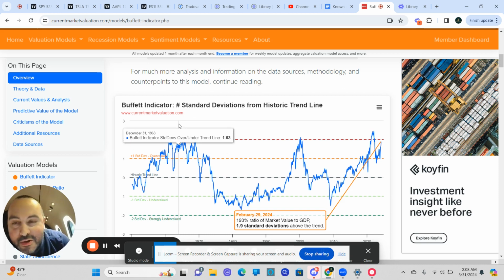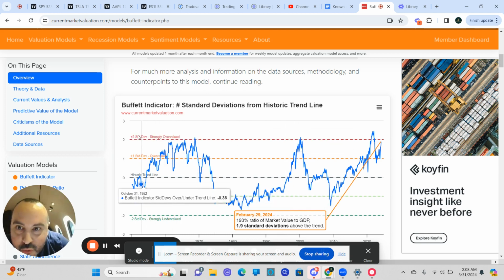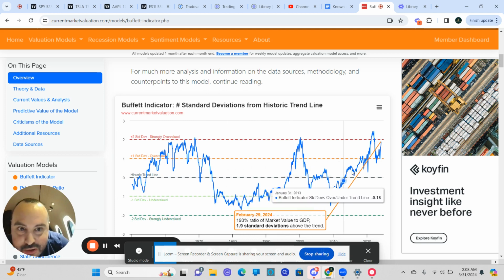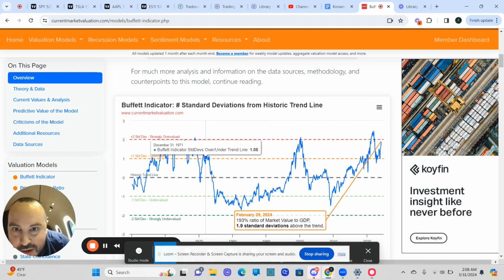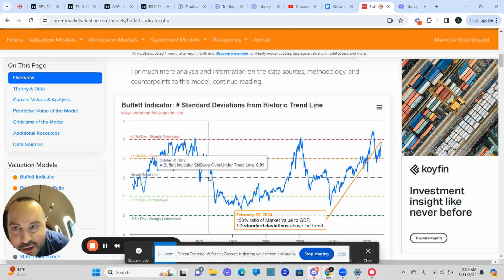Okay, so let me explain very simply. The Buffett indicator, again, measures market value to GDP. When it is here at zero, which is flat, that means stocks are not overvalued or undervalued. They're valued fairly according to the indicator.